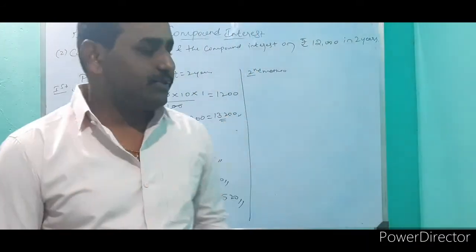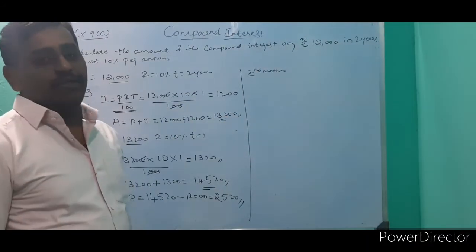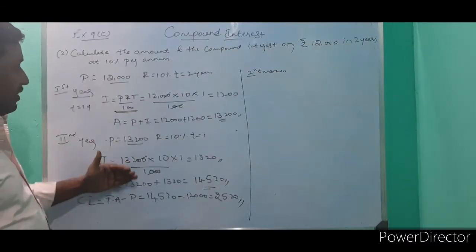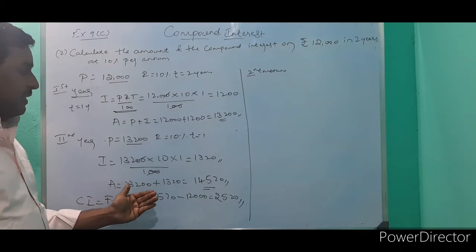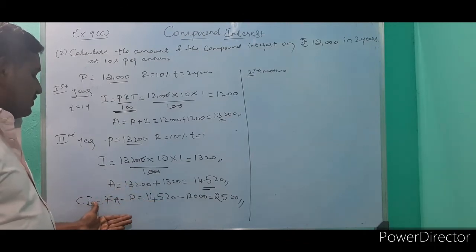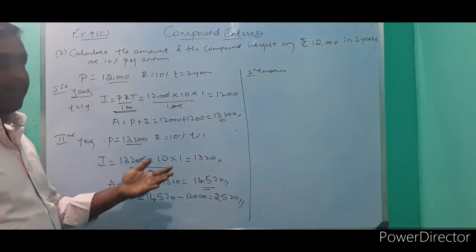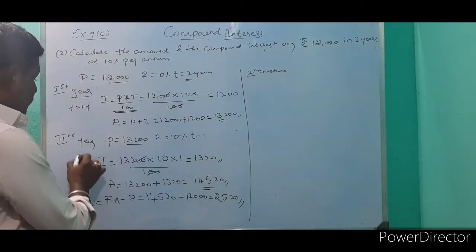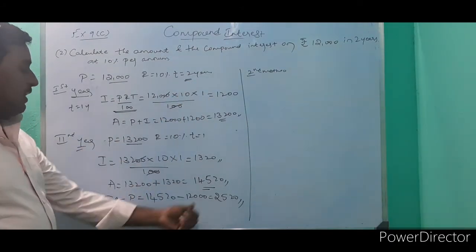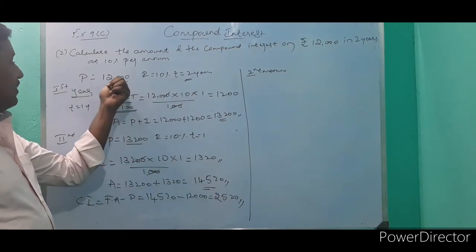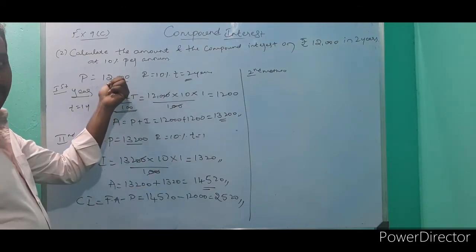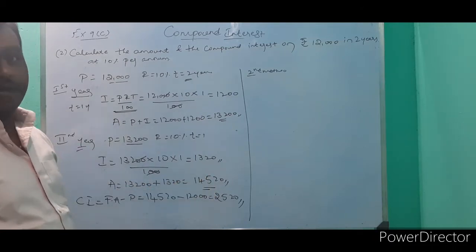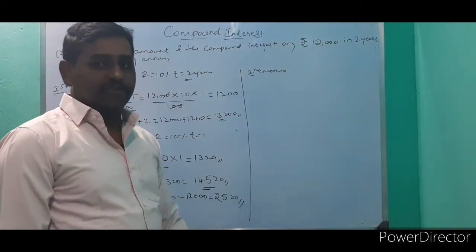So like this, by changing the principal amount for each year, finally you use the compound interest formula, final amount minus principal amount. The term given is 2 years, so you end with 2 years; the final amount is this one and the principal amount is the one given in the question. Subtract, and you will get the compound interest. This is the direct method, without using the direct formula.